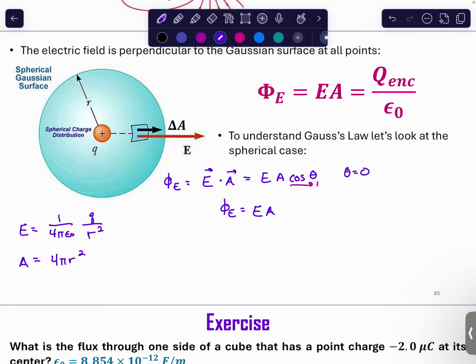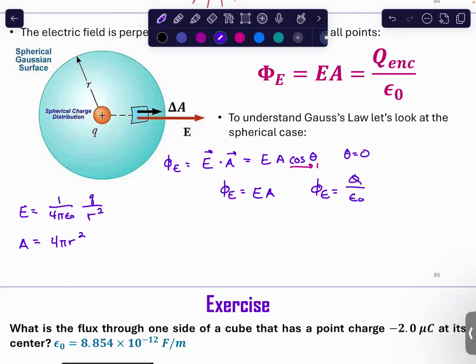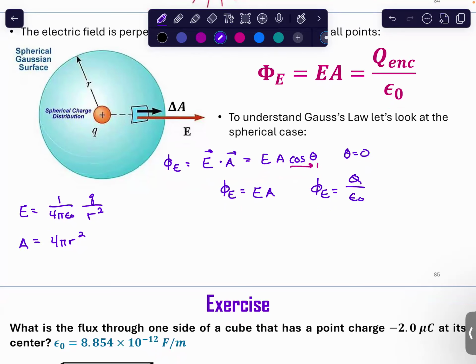Now we also remember that Gauss proved, if we think about the Coulomb constant being 1 over 4 pi epsilon 0, that means 1 over epsilon 0 is going to be 4 pi ke.